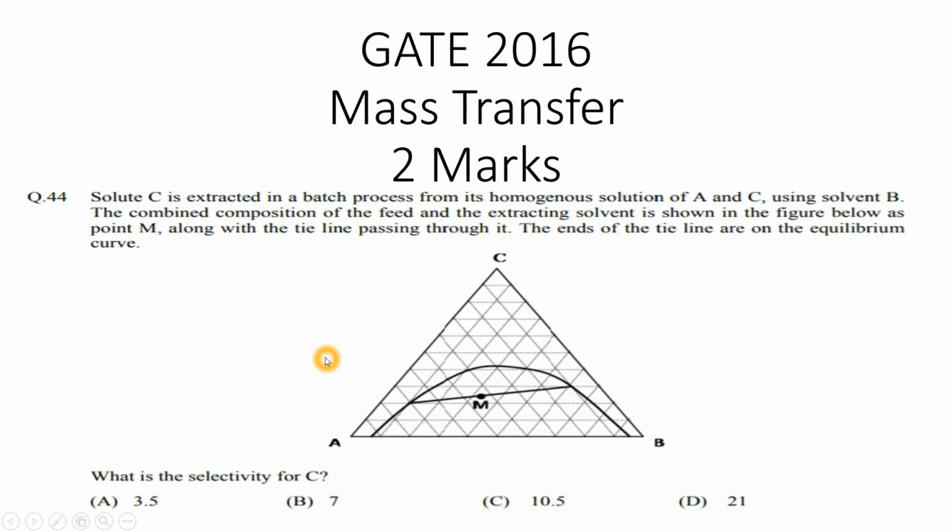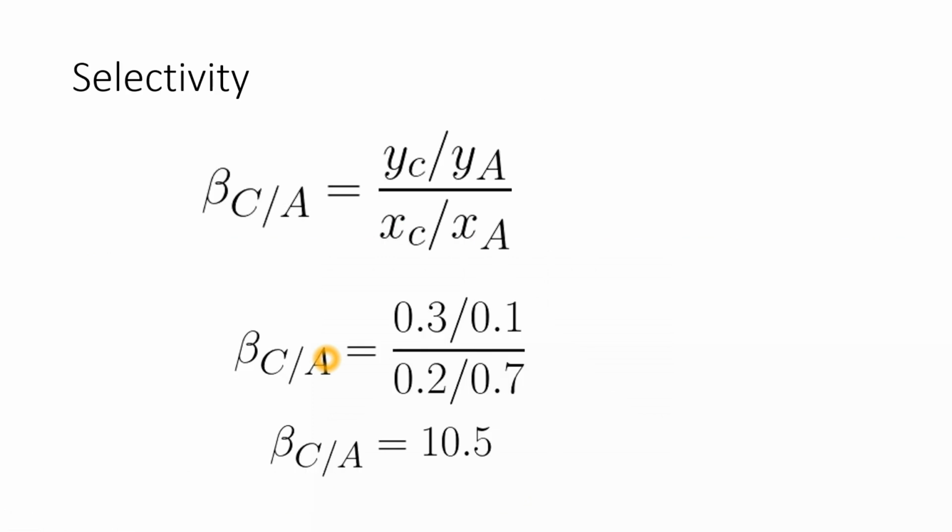Let's start with the solution. Selectivity is given as beta C upon A equals YC upon YA divided by XC upon XA. YC is the mole fraction of the solute in the extract, and YA is the mole fraction of the carrier species in the extract.